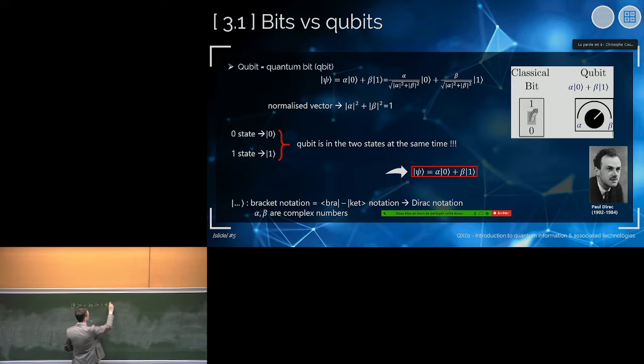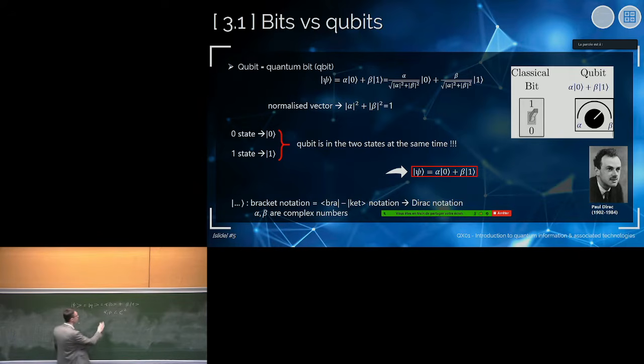And we said that a qubit can be seen as a 2D vector with two components, the 0 and the 1, and coefficients alpha and beta, which are particular coefficients in the sense that these coefficients alpha and beta are complex numbers, first of all.